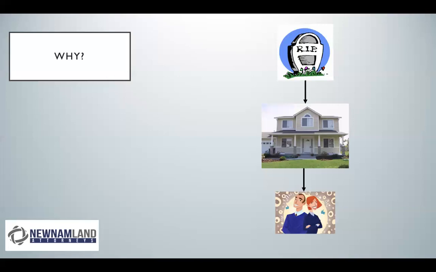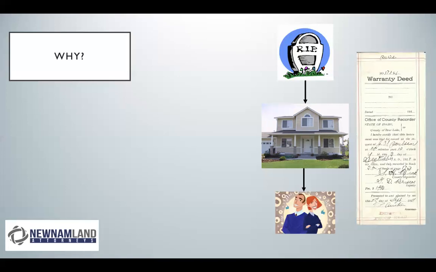But let's say someone dies and they leave their kid a house. Well, you can't just hand them a house to split up, right? How do you show to the world that the kids of the deceased now own this house? As you are aware, when you buy a house or a piece of land, you get a deed. So in this case, it's a warranty deed that I'm showing on the screen, but there are various types of deeds.